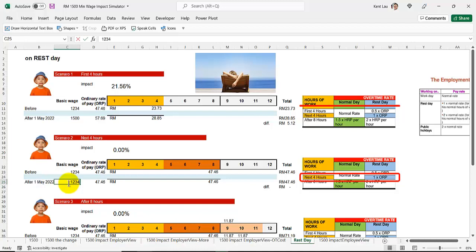Here we have again 1,500. Let's say the company actually still has people work more than that, so we get 1 day. Again, 21.56, because you do a division of that.